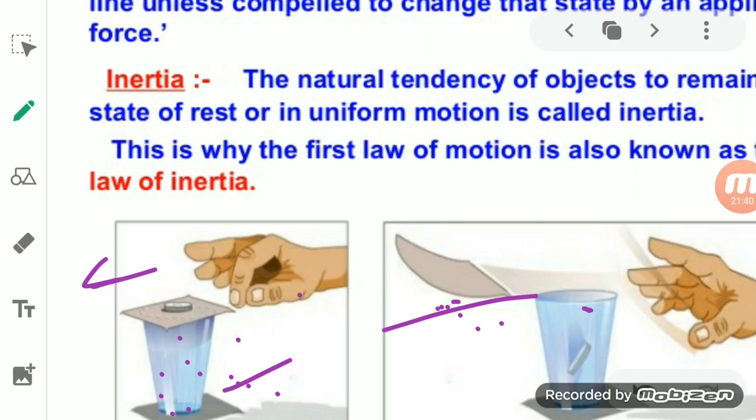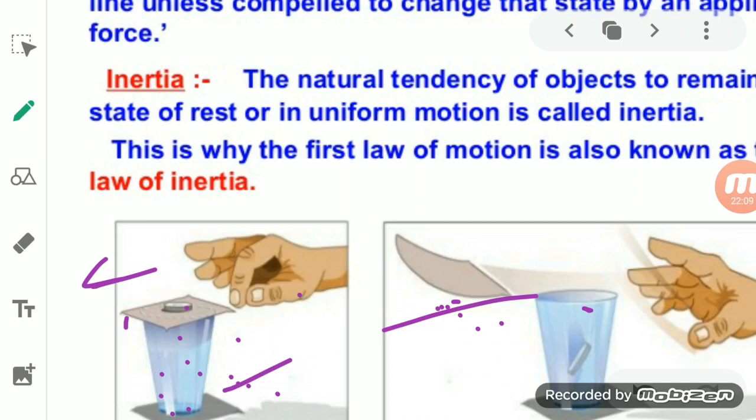So when the card moves away, the coin falls into the glass tumbler, because it prefers to maintain its state of rest due to inertia. Both of them have inertia, this card also and this coin also.